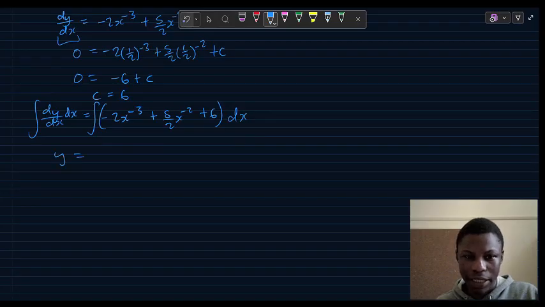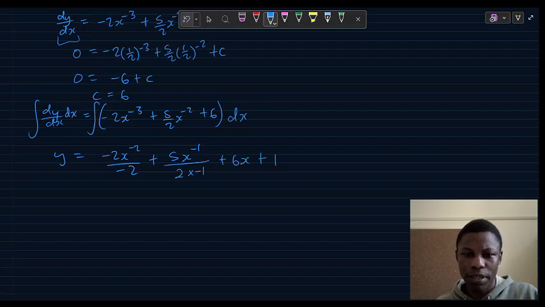And then if you integrate negative 2x to the negative 3, that's negative 2x, add 1 to negative 3, that's negative 2, divide by negative 2. And then you've got plus 5 divided by 2, x, add 1 here, negative 2 plus 1, that's negative 1, divide by that negative 1, plus 6, that becomes x, and of course plus a constant of integration.